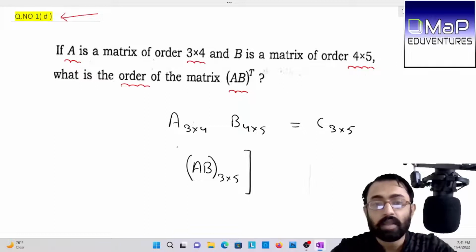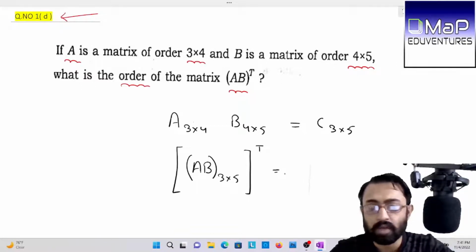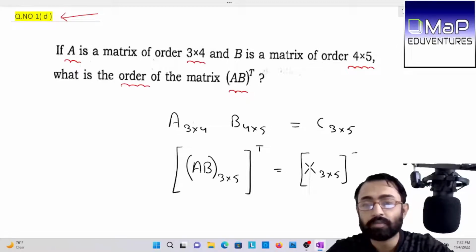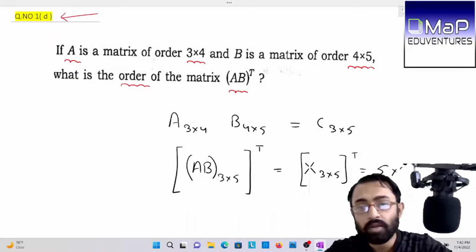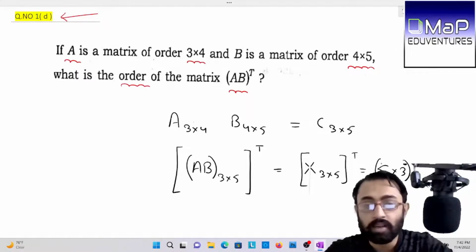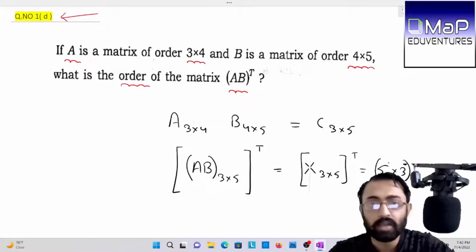Now, if I take the transpose of the matrix, what will its order be? Suppose I am taking a matrix capital X of order 3 cross 5. Then if we take the transpose of the matrix, the order will become 5 cross 3. We observe that when we take the transpose, the order changes. Okay, so simple. Let us see how we write it statement wise.